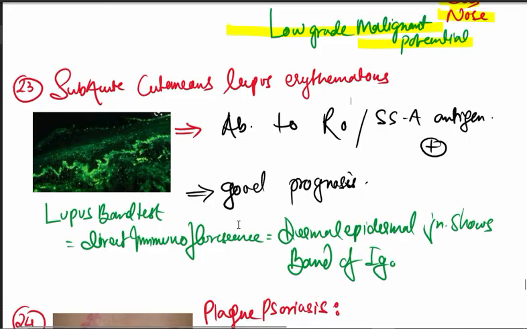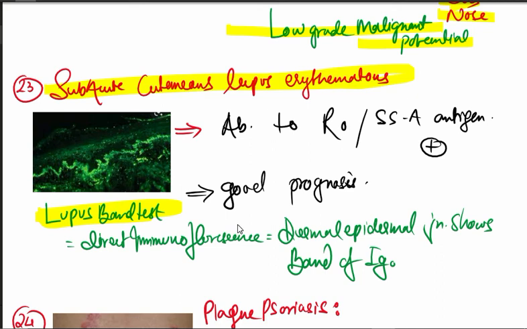Okay, next one, this is what we are seeing, the lupus band test. This is seen in subacute cutaneous lupus erythematosus. There are many conditions, but one of them is subacute cutaneous lupus erythematosus.